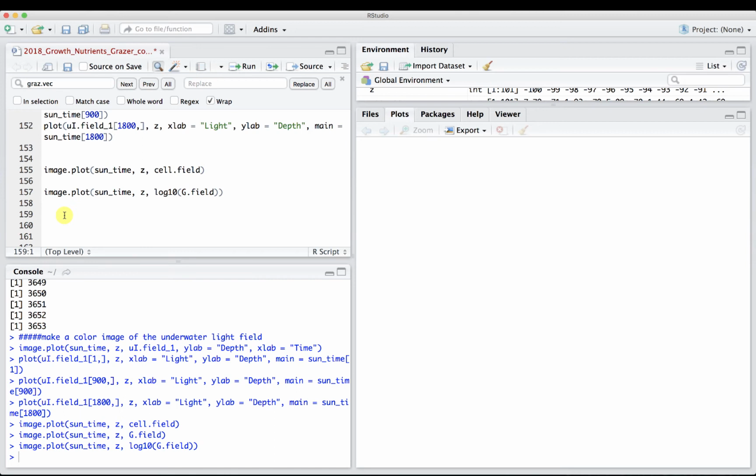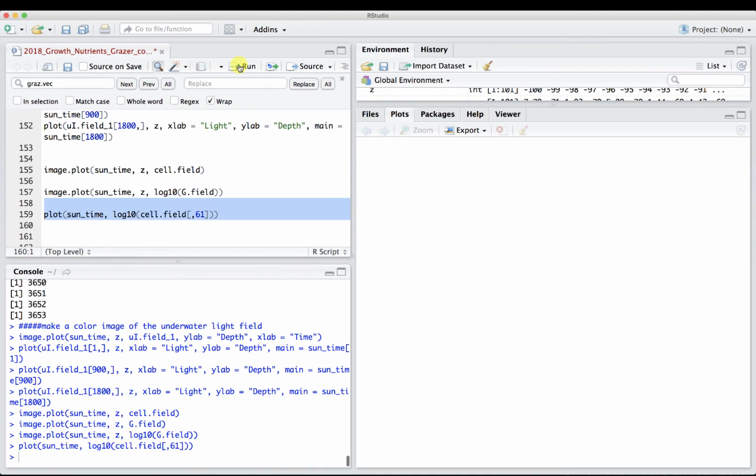So let's plot now sun time and log 10 of the cell field, column 61. We do that, what does that look like?